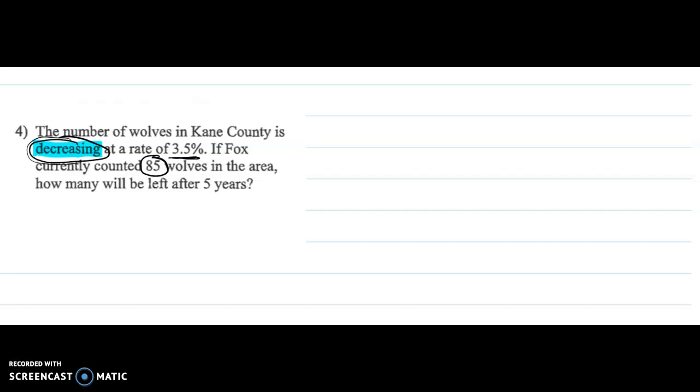So we plug in our information. We start with A. We don't know what our final is. It's equal to 85, that's our initial, times 1. We're going to subtract because we're decreasing. And then our rate as a decimal. Okay, so then we just plug this into our calculators.